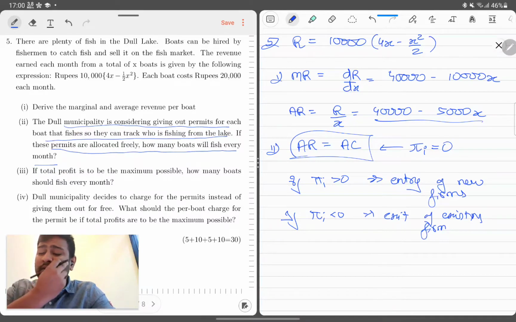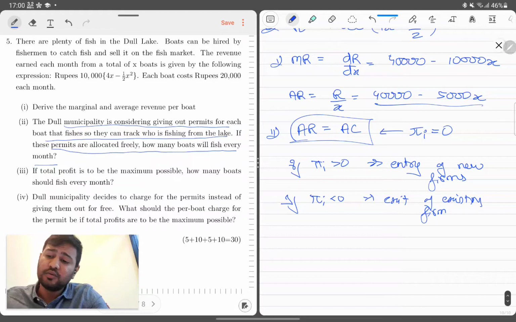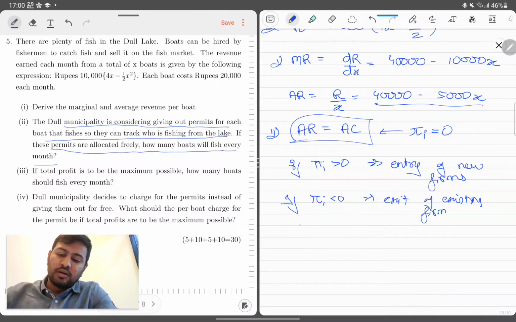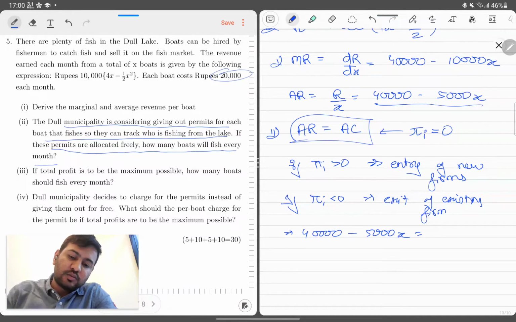So for equilibrium, we need profit to be equal to 0. Profit is average revenue minus average cost, so that is the profit of an individual firm. According to this, the condition becomes 40,000 minus 5,000x must be equal to the average cost. Average cost is given as 20,000.